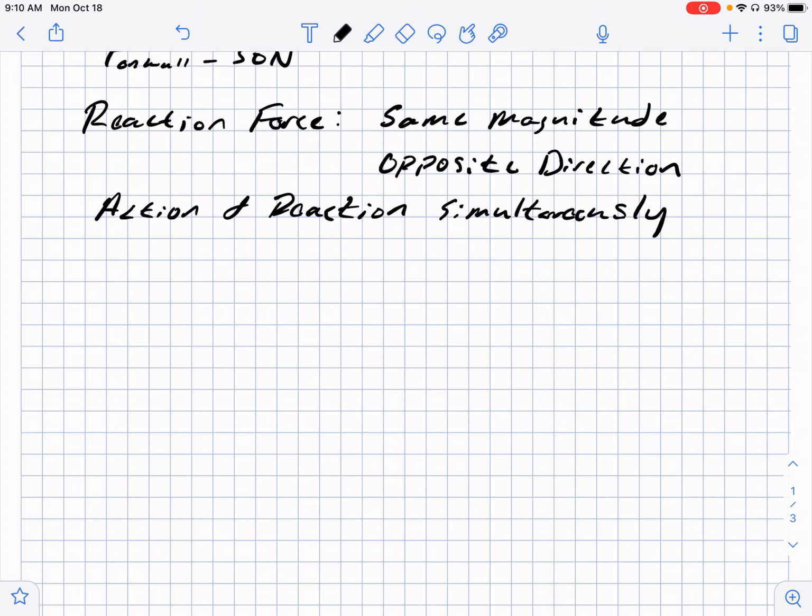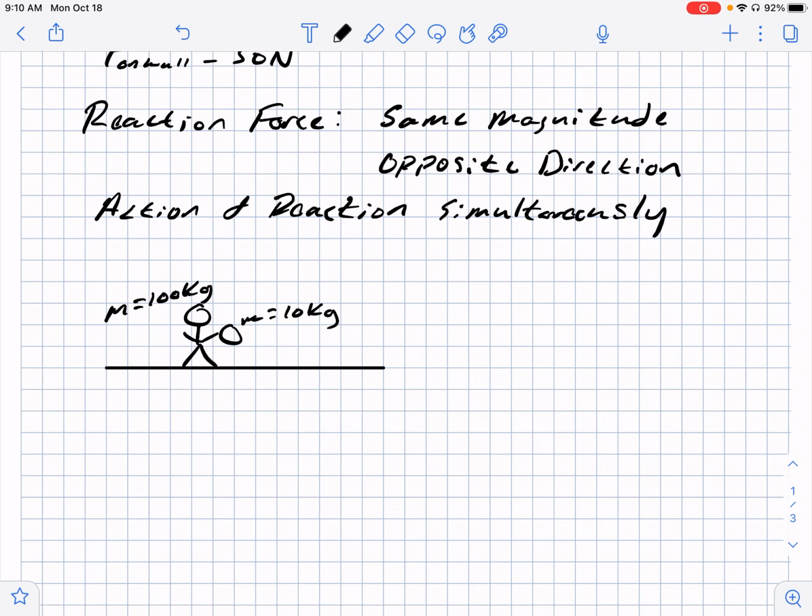So let's say that you're standing on a piece of ice. And let's say you're holding a real heavy medicine ball or something, and the mass of that is equal to 10 kilograms. And let's say you have a mass of 100 kilograms.